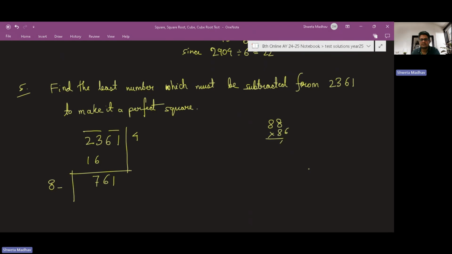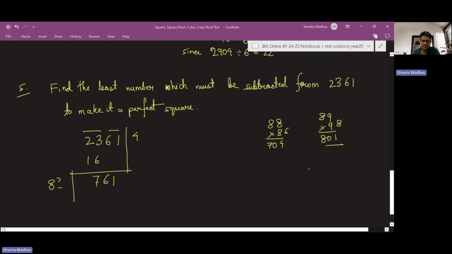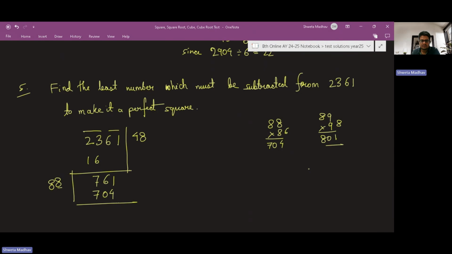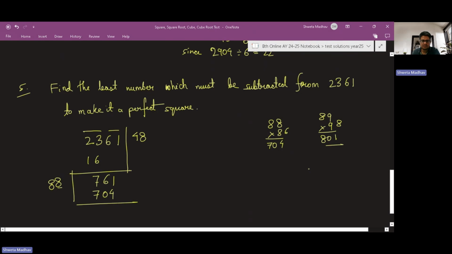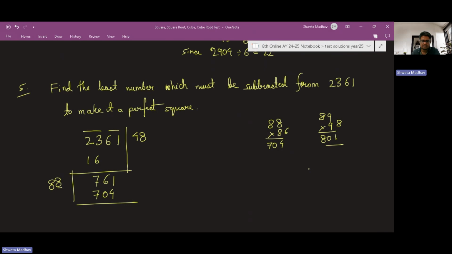So 8 8 is 64, 64 plus 6 is 70. And 89 into 9, that is 9 9 is 81, 9 is 72, so 801. So 801 is more than 761. So we should take 88 into 8. So 88 into 8 is 704. Now we have to subtract 704 from 761.